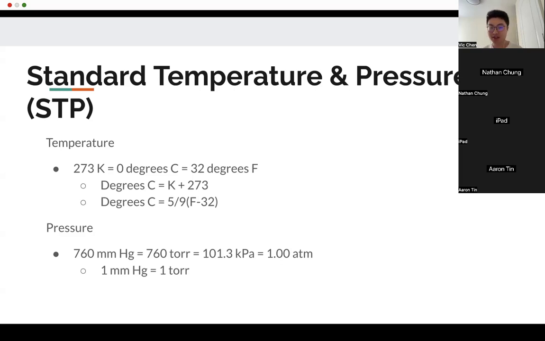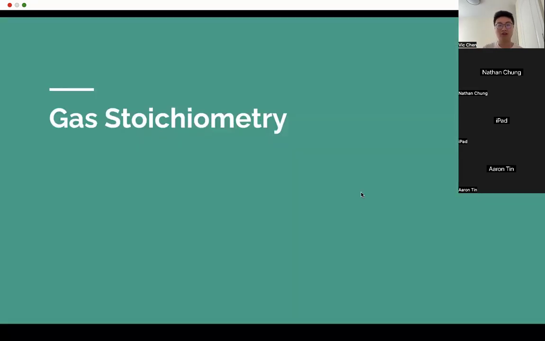And if you want to convert to any other units, you simply use the proportion of whatever two units you want to compare. So if I was doing conversion from millimeter of mercury to atm, I would use dimensional analysis and just set whatever proportion I want equal to 760 millimeters of mercury over 1 atm or 1 atmosphere. Now, I will elaborate further on the aspects of pressure later on.